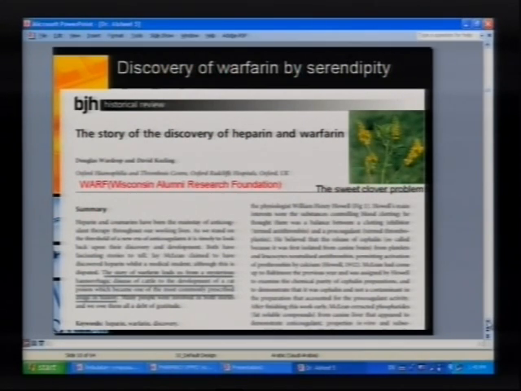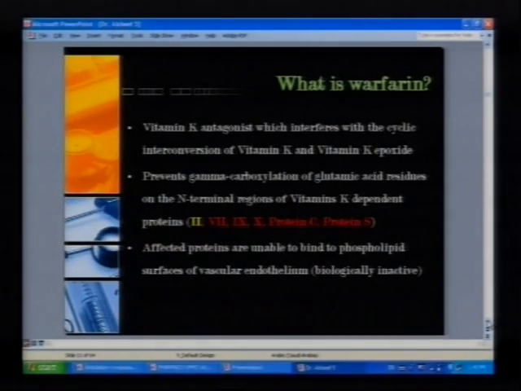Warfarin, as you know from the name, WARF stands for Wisconsin Alumni Research Foundation, in the north of the states. Warfarin is a vitamin K antagonist, which interferes with the cyclic interconversion of vitamin K and vitamin K epoxide, and therefore prevents the gamma carboxylation of glutamic acid residues on the N-terminal regions of vitamin K dependent proteins.